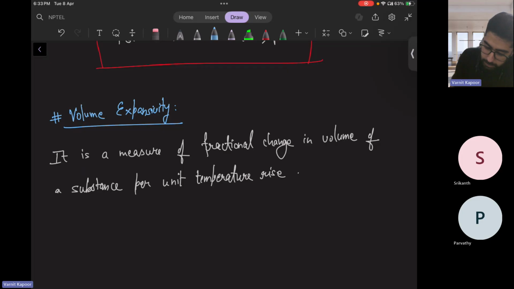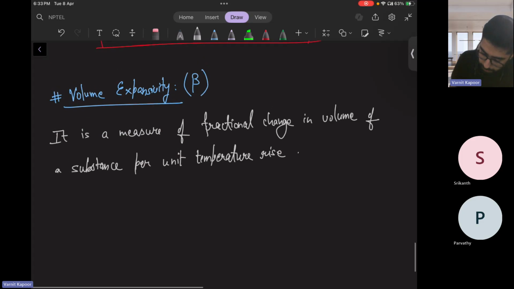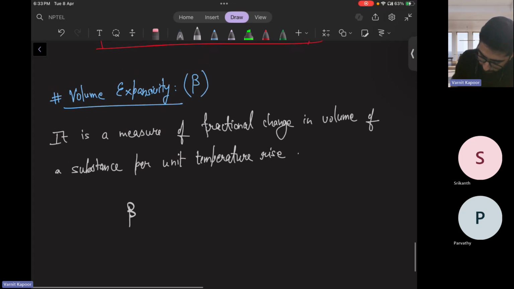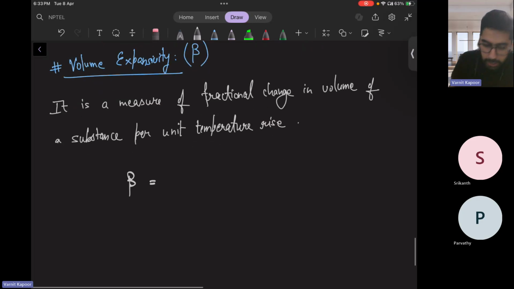The symbol for this is beta. So you can write beta as the volumetric change, that is dV by V, per unit temperature rise at constant pressure.